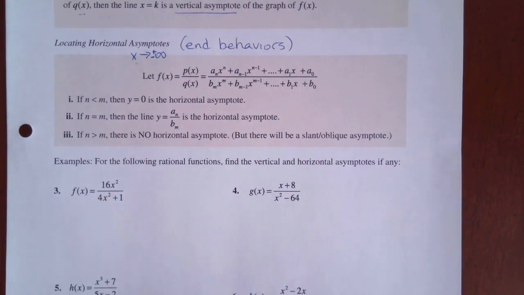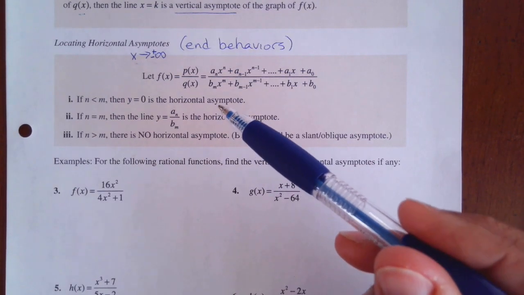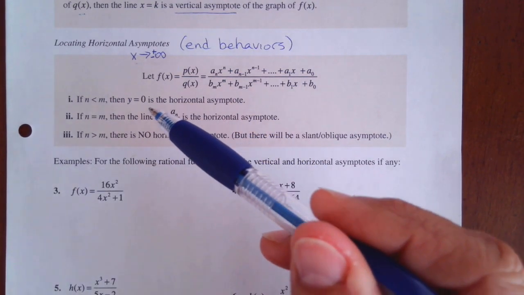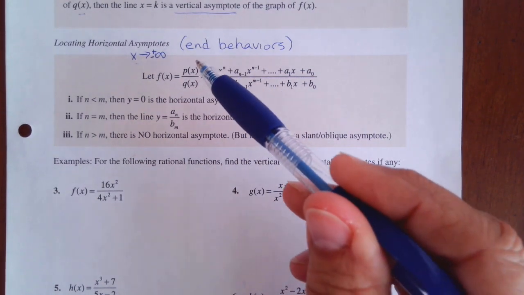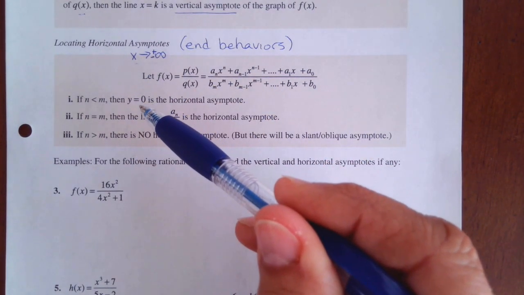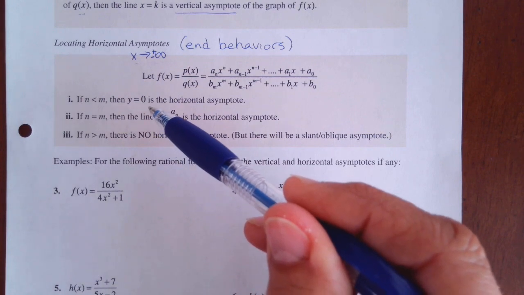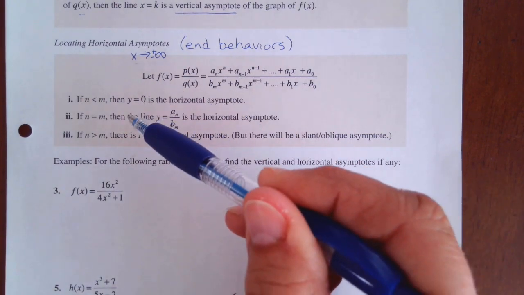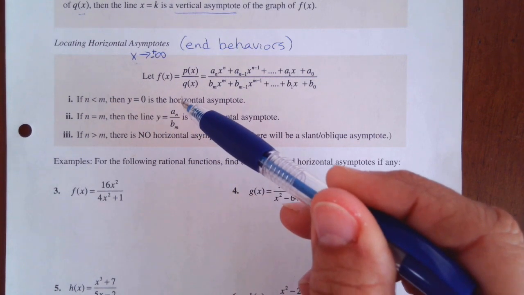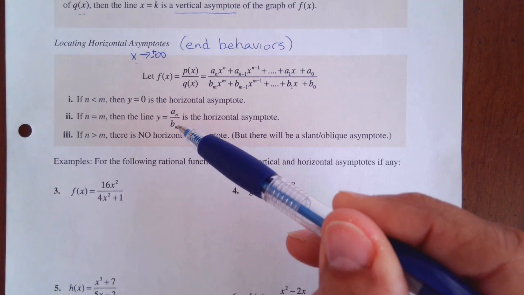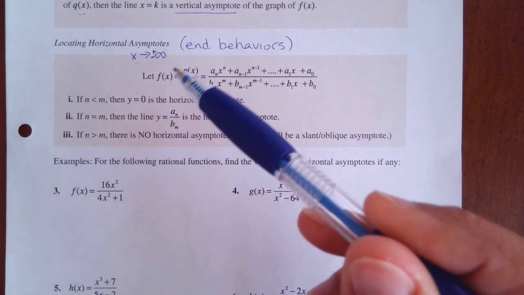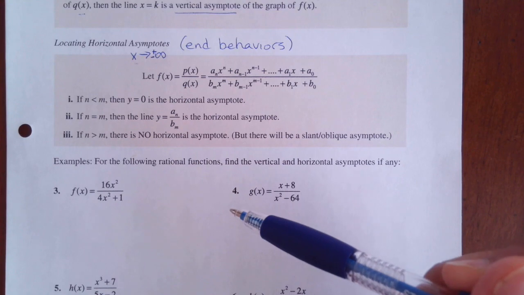If you remember how to find horizontal asymptotes, you're looking at the degree of your numerator and the degree of the denominator. If the degree in the denominator is bigger than the degree in the top, then your horizontal asymptote is always y equals 0. If the degrees in the top and the bottom are equal, then remember you take the ratio of the leading coefficients. We'll go over this in just a minute. And if the degree in the top is bigger, then there is no horizontal asymptote.